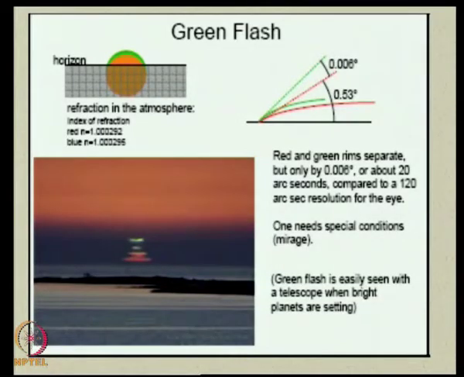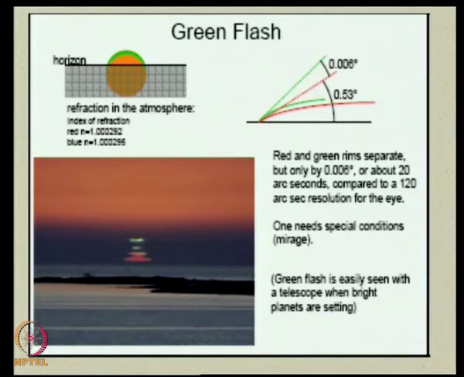So, the red has less bending due to refraction than the green, and that is coming out. These are rare phenomena, not observed every day, because you need very, very clear skies, no clouds, no rainfall, which can cause distractions. So, it requires a lot of patience to be able to photograph these unusual optical phenomena of the sun.